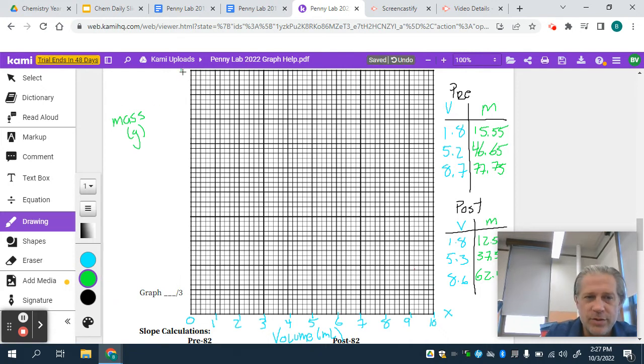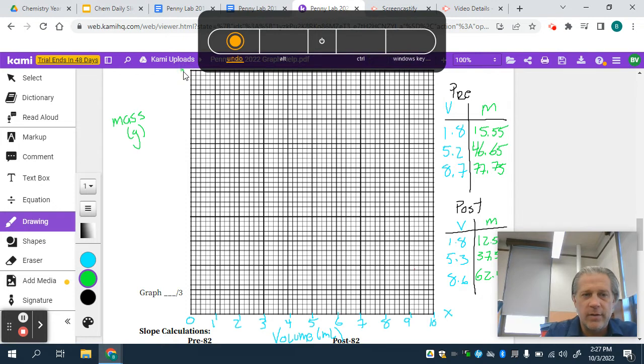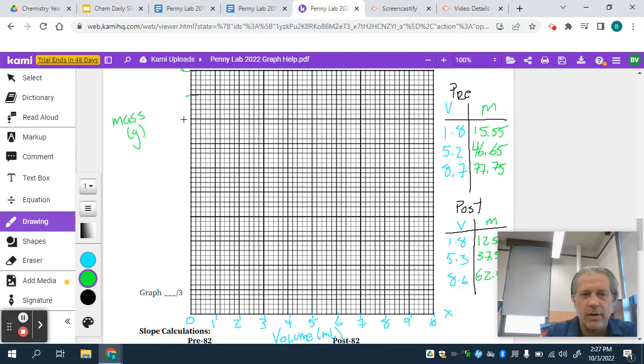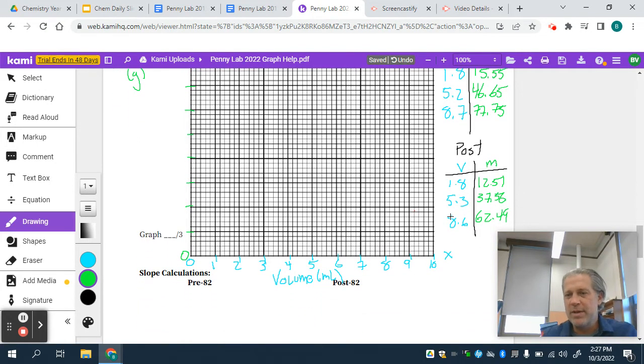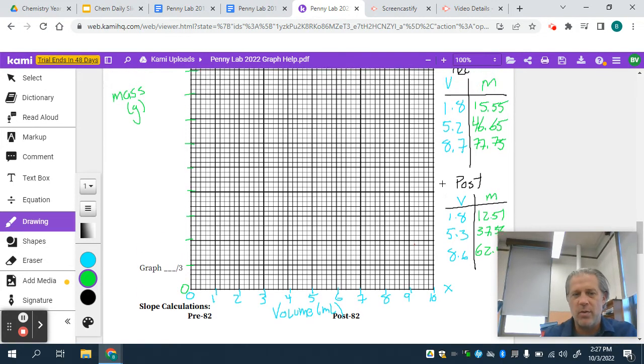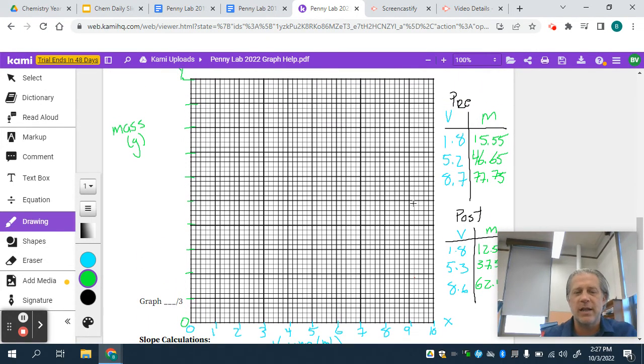Now again, I have those darker lines all the way down, and we always want to start with our 0, so we're going to put a 0 here. Looking at my data over here, my biggest data point for my masses is 77, so I want this to go close to 80 at least.